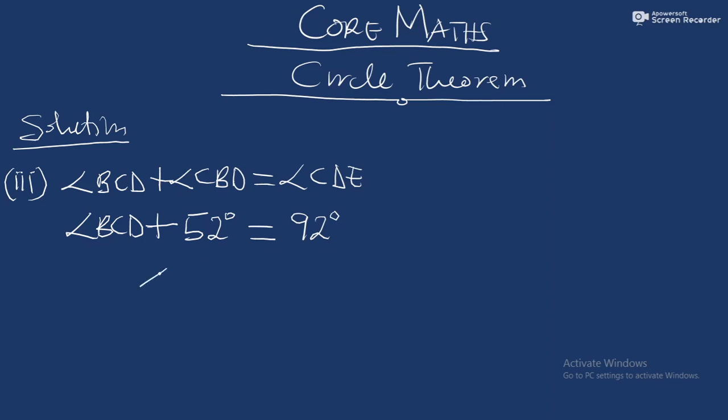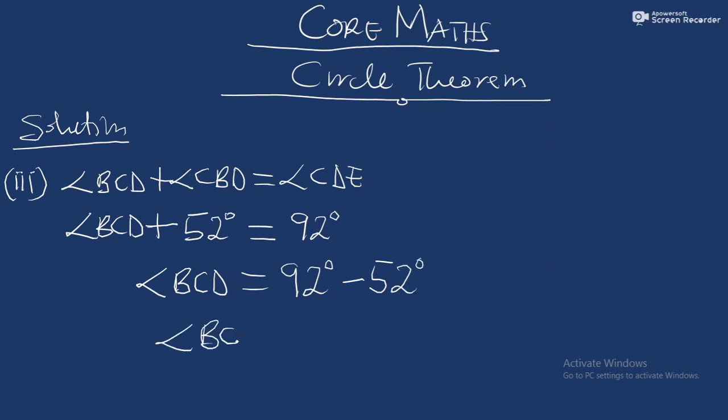Okay, so simplifying, you have angle BCD equal to 92 degrees minus 52 degrees. So we'll now have angle BCD to be 92 minus 52, which gives us 40 degrees. That is our final answer for number III.